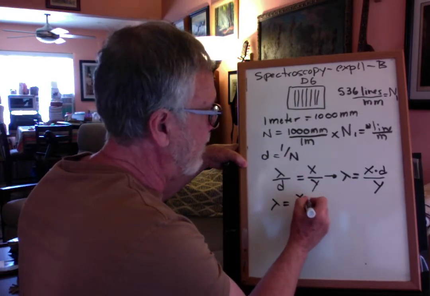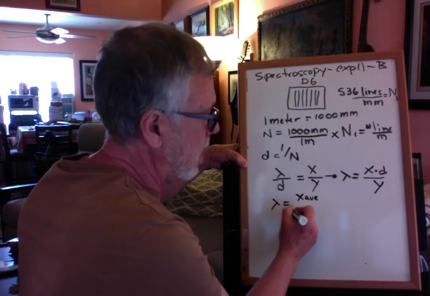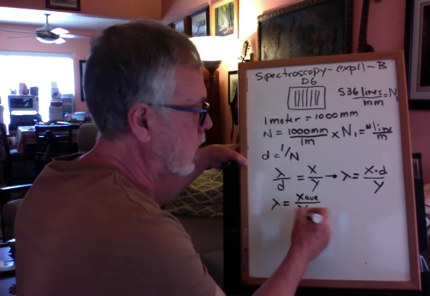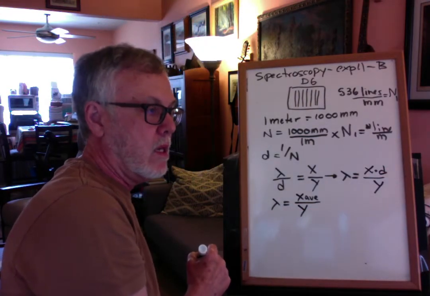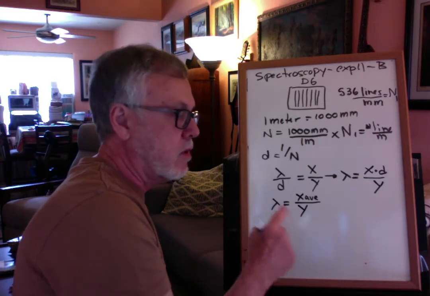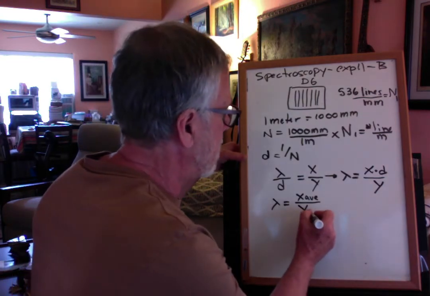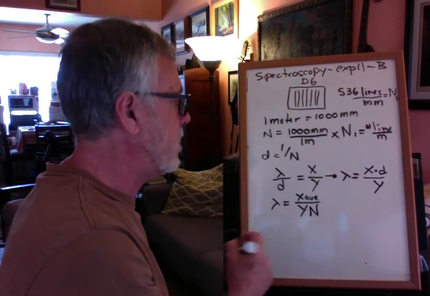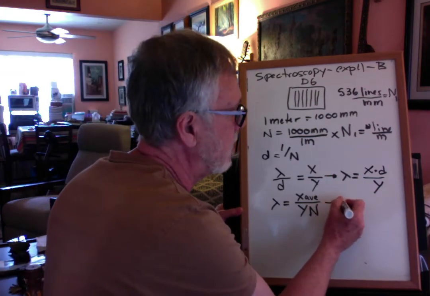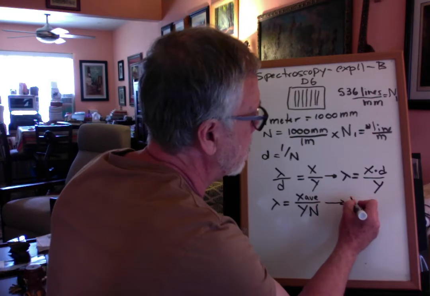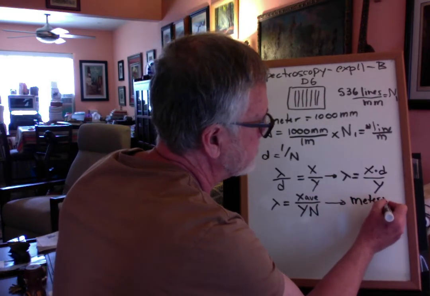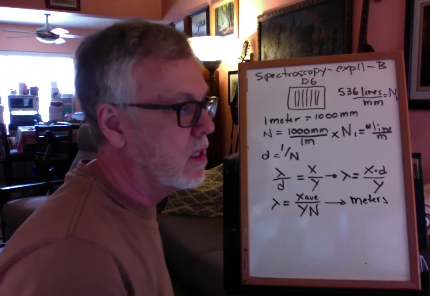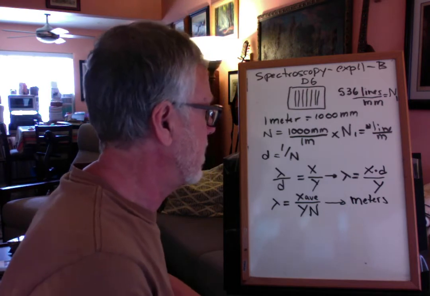It's simply your average value, I'll put that down explicitly, of x for any spectral line, divided by the distance y for hydrogen spectral lines, or helium for helium spectral lines, times n. N's always a given. And what you'll end up with is the wavelength in terms of meters.